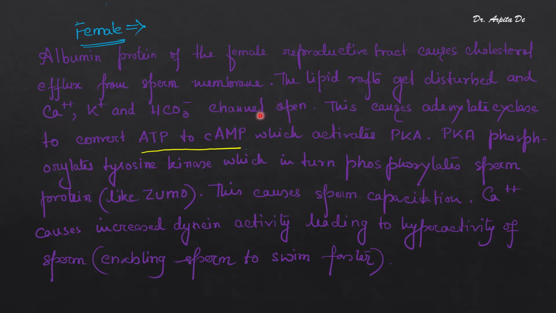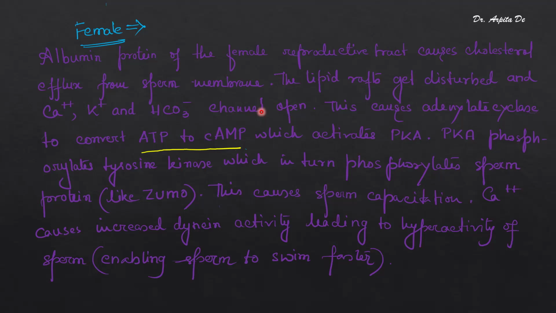You should know what is going in and what is going out. Remember, calcium and bicarbonate ions get inside and potassium goes outside. Calcium and potassium do not follow the same direction. Calcium and bicarbonate ions, I'm again repeating, come in and potassium goes out.